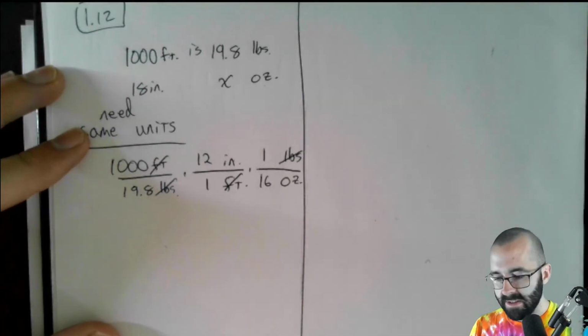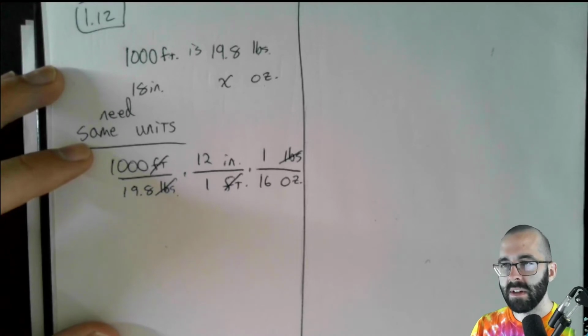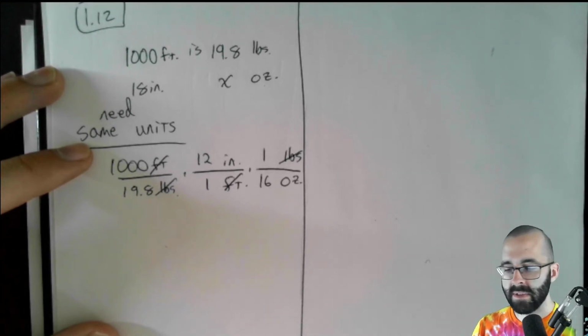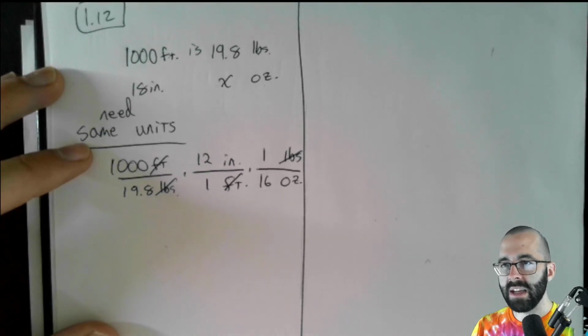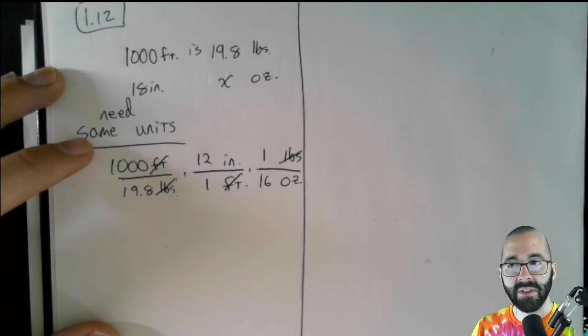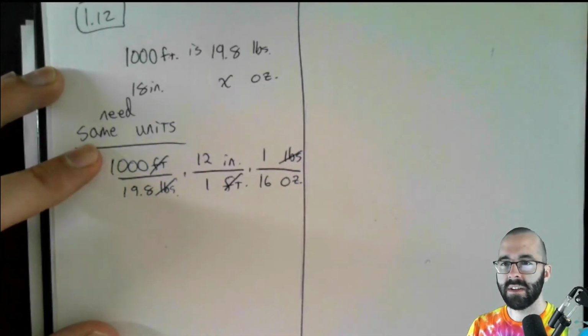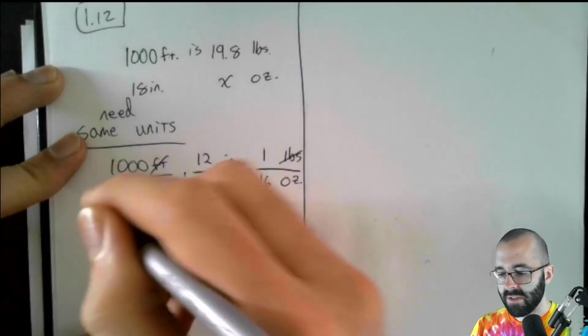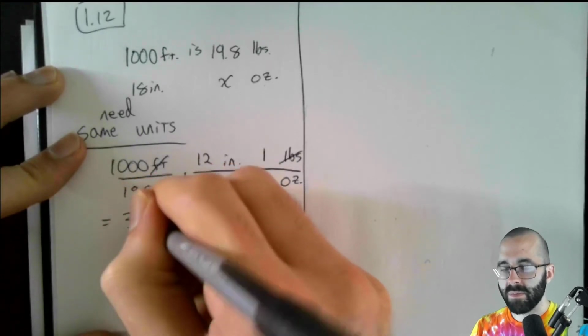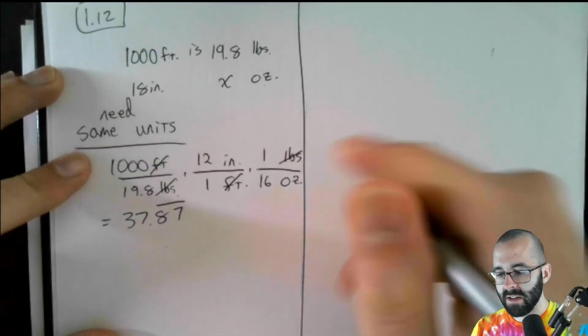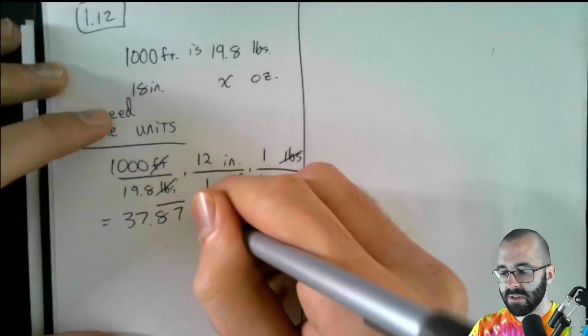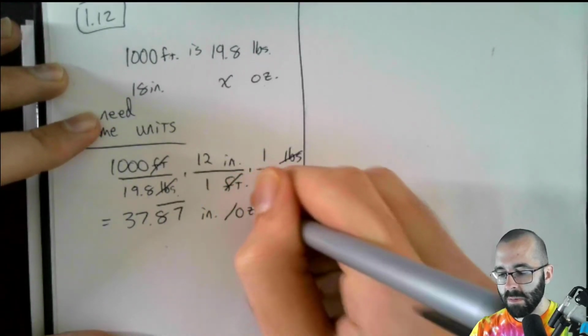So let's multiply this all across and see what we get. This is going to be 1,000 times 12 times 1 divided by 19.8. Be careful to use parentheses when you're dividing, and times 16. This is going to be equal to 37.87 repeating, and our units here are inches per ounce.